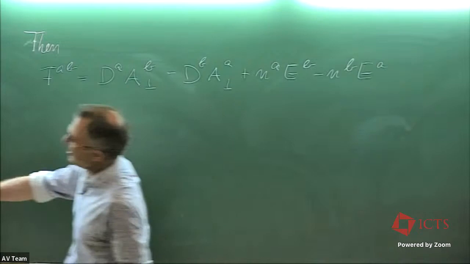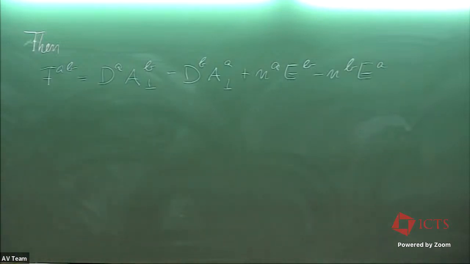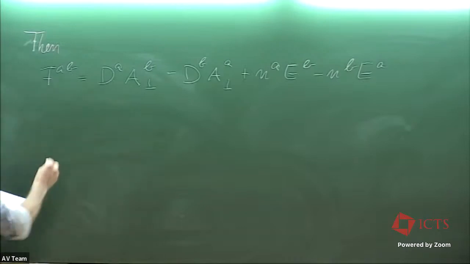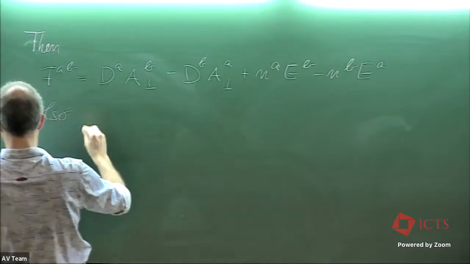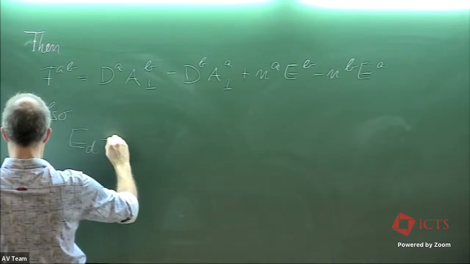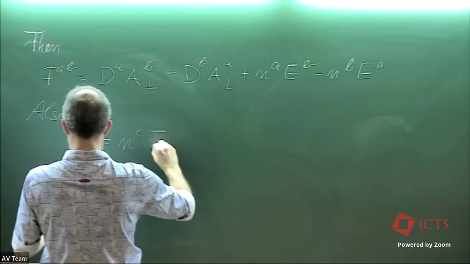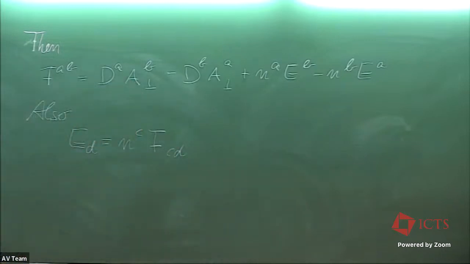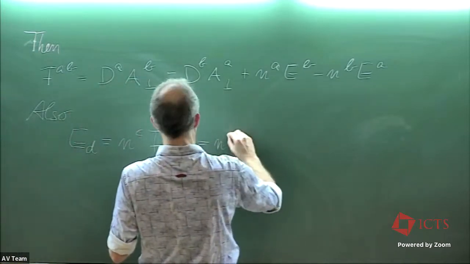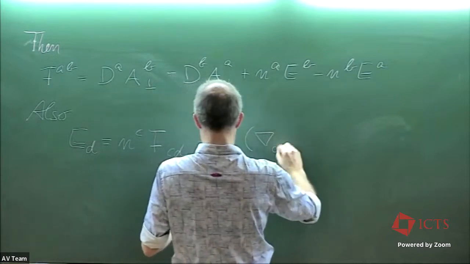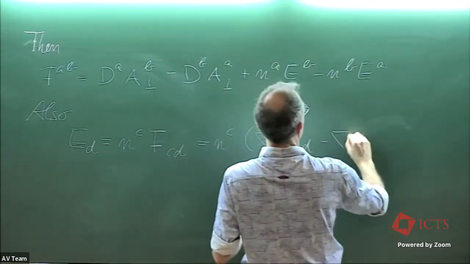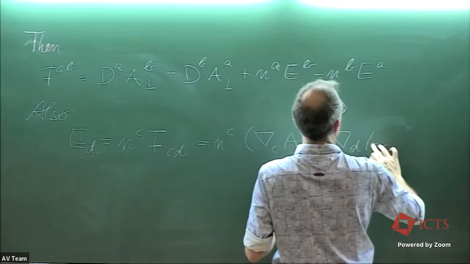All right, let's revisit what we just did here. We said I can find the electric field as seen by the normal observer by contracting the normal vector with the Faraday tensor. Let me do that again. Let's write ED as NC FCD, with the indices downstairs. Now, what is that? That is the same as NC times nabla C AD minus nabla D AC.